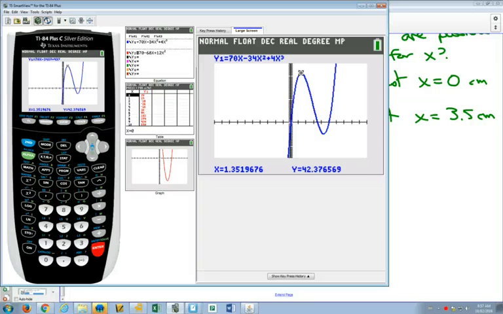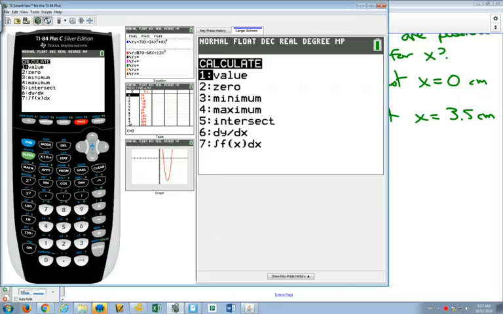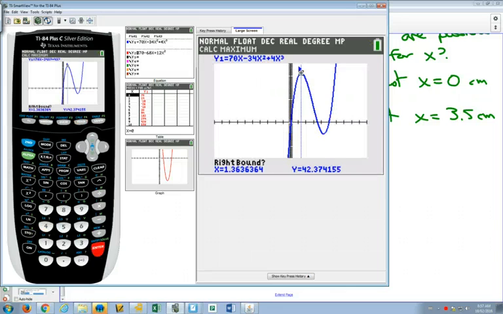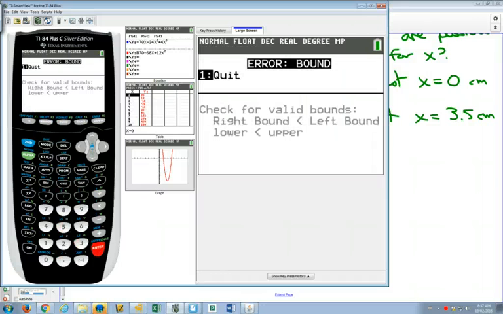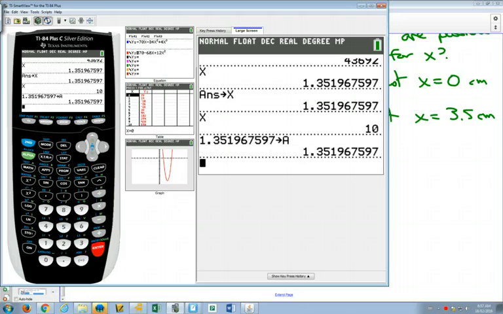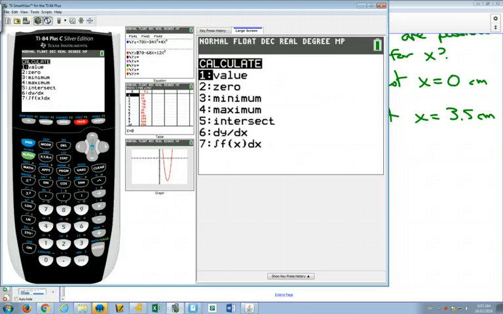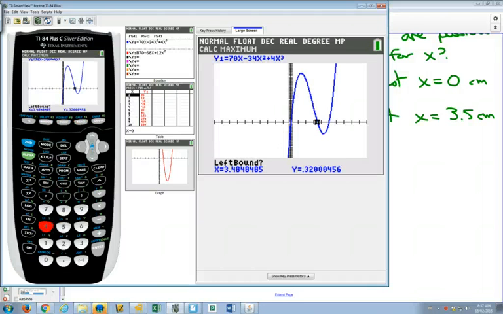Now, of course, we wouldn't have needed to do that because we could have calculated that maximum by just going to number 4, maximum. We can see that our x value is between 0 and 3.5 because we know those are the only reasonable ones. Number 4, maximum.